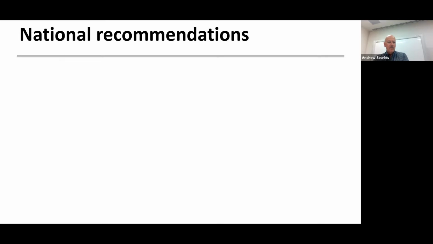The next slide I'd like to talk to you about is the national recommendations. So mostly we've been talking about local level evaluation in terms of what local health services can and would like to be able to do. Now, with the national recommendations, what we're doing is setting this into a national framework.